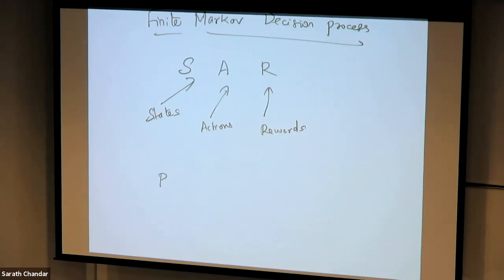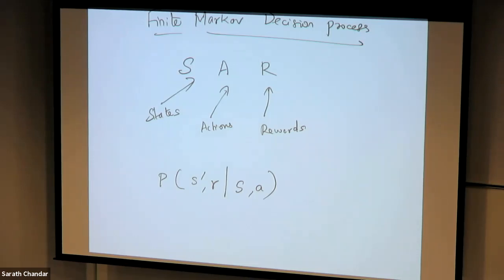If you remember, the p function gives us a probability distribution: what is the probability that the next state is s prime and I get reward r, given my current state is s and I take an action a? In some sense, this dynamics function captures how the world behaves.